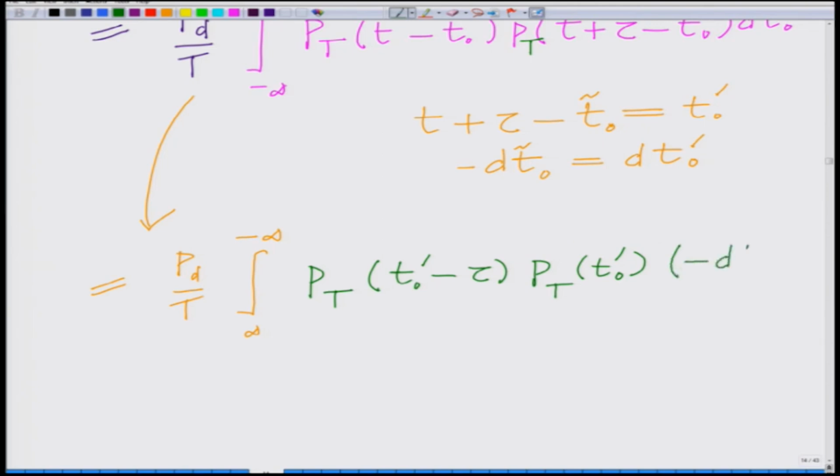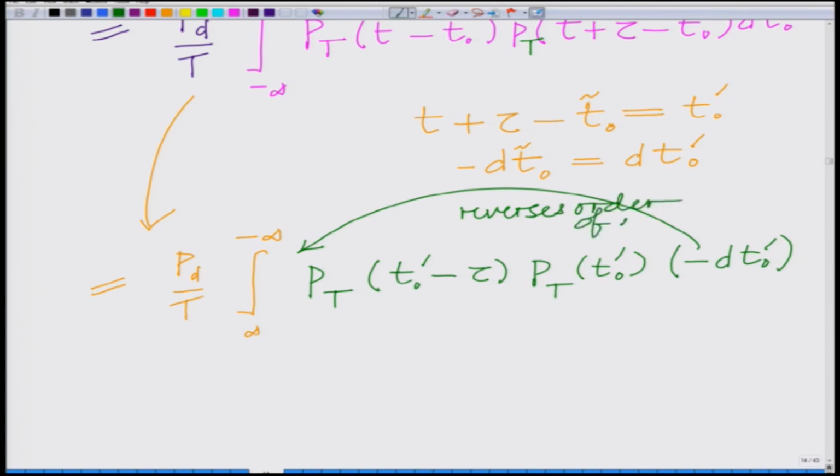So, this becomes minus dt naught prime, and this minus reverses the order of integration. Okay.